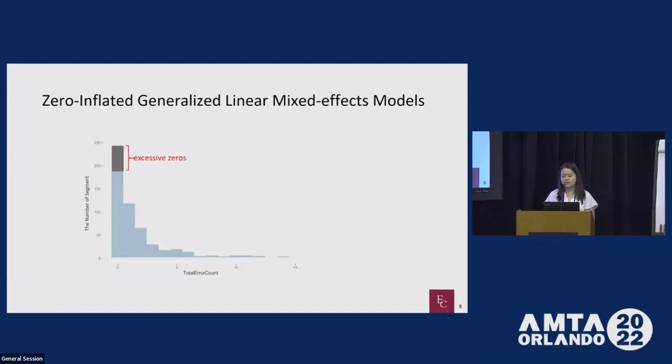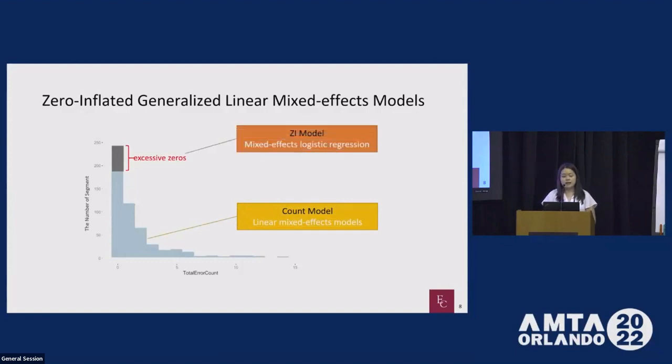And the latter type of zeros are called excessive or structural zeros. And these 2 parts are analyzed separately. We can interpret the blue part, a count model, as a general linear mixed effects model, and the excessive zero part, a ZI model, as mixed effects logistic regression.